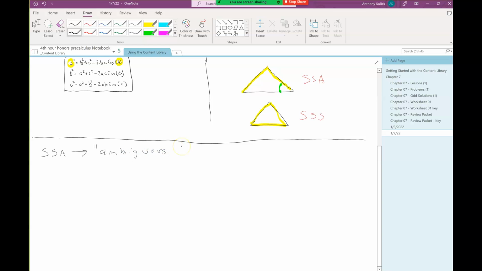So sometimes this SSA situation is called the ambiguous case. Because as we just demonstrated a moment ago, we can have a situation where we have two triangles, one triangle, or zero triangles. So we have to be a little bit careful there about what's going on.